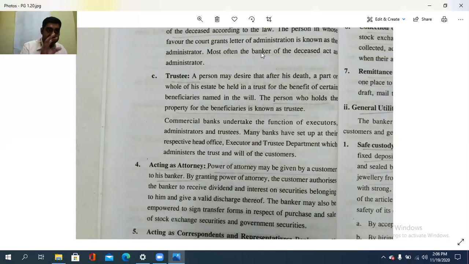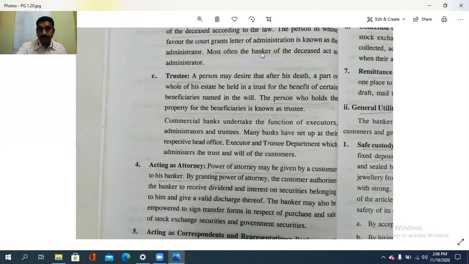As mentioned in the deceased person's will, certain beneficiaries receive the benefit. So he can give or contribute either the part or whole of his estate to a trust. The person who holds the property for the beneficiary is known as the trustee.